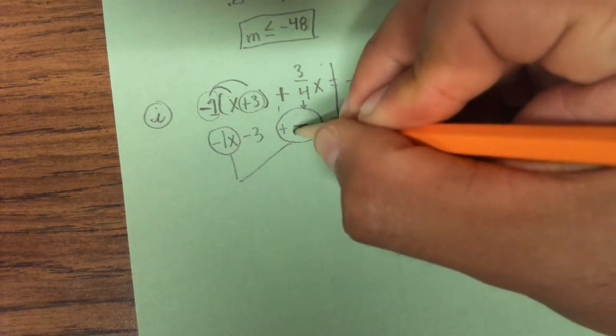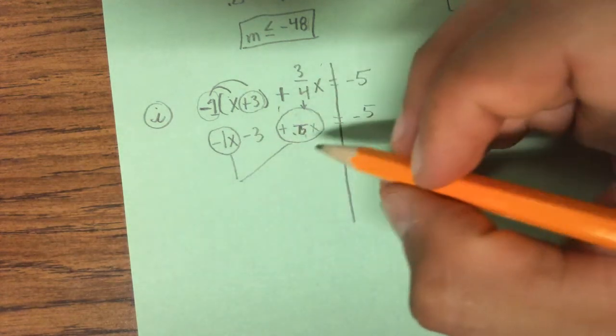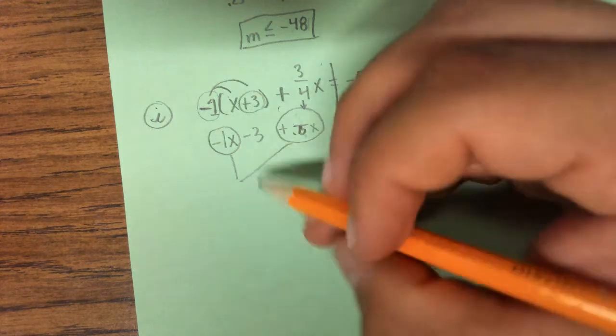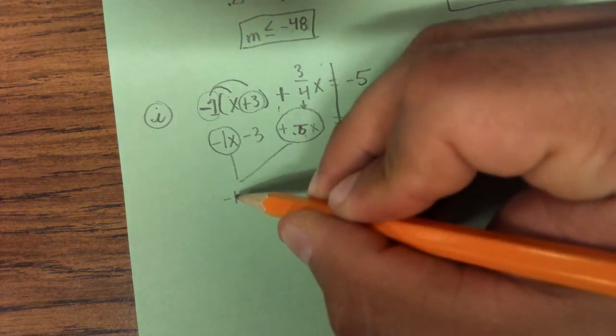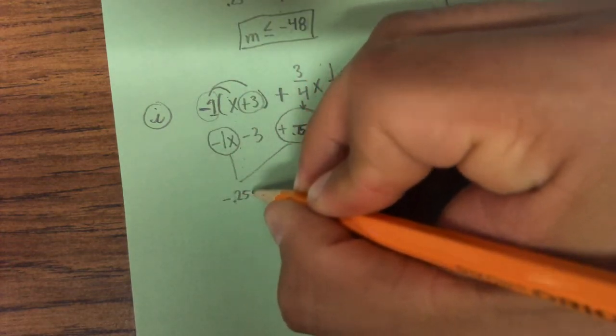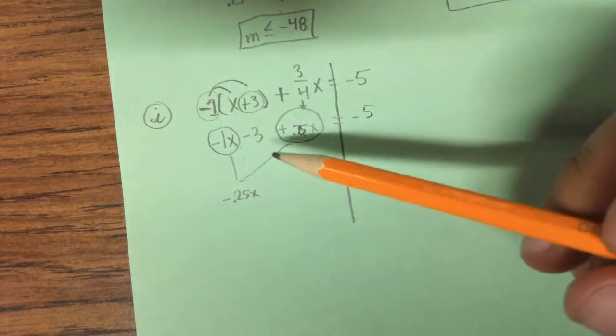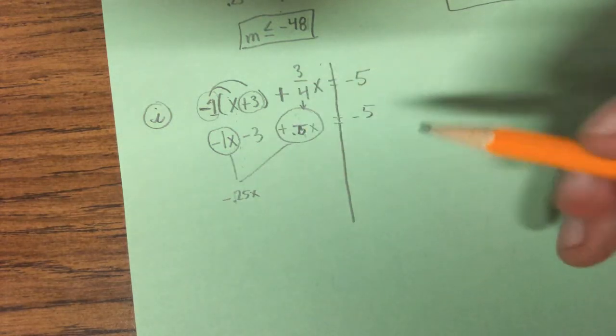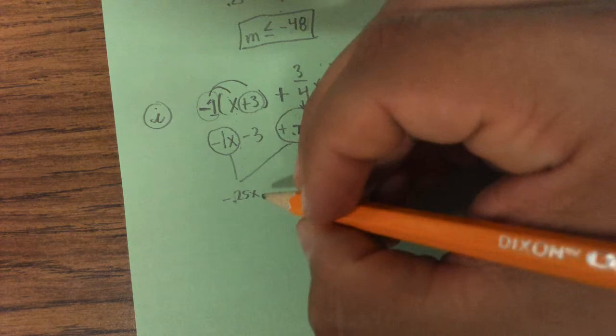I could have rewritten that as 0.75x. Whenever I put these together, I get negative 0.25x. Putting them together just means adding them together, negative 1 plus 0.75, negative 0.25x.